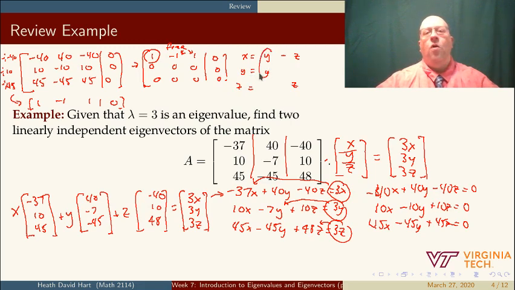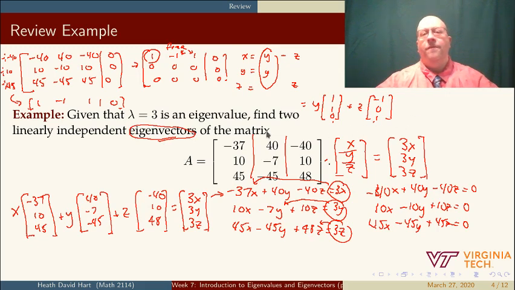And so y is being multiplied by the vector (1, 1, 0), and z is being multiplied by the vector (-1, 0, 1). And these two vectors are linearly independent, and they are the eigenvectors for this matrix.